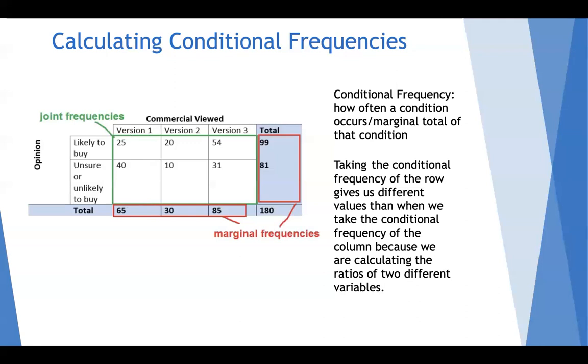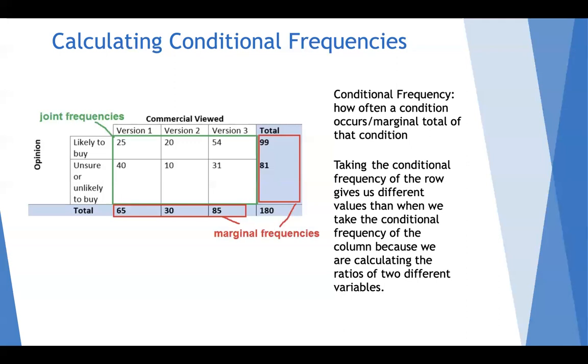Now, if we move on to the opposite and look at this row, this row total is 81, and this is the total number of people who are unsure or unlikely to buy. So if we take the ratio of 40 over 81, this value tells us that out of the 81 people who are unsure or unlikely to buy any of the products, 40 of them decided that after watching version 1.